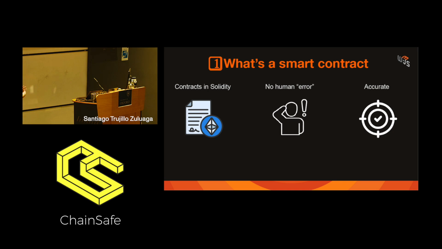Once you code the smart contract and deploy it, if the smart contract is well written and you have an audit or something, then you will not struggle, and that's why there is no human error if you write it properly. And then it's accurate because this is like either black or white. Smart contracts are really deterministic. The whole blockchain is deterministic, so you will always know what the outcome of certain actions will be.